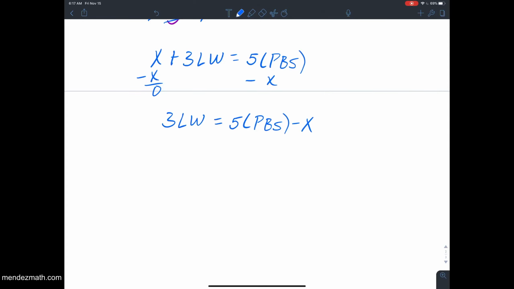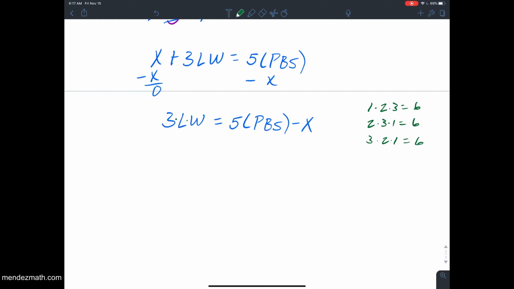Okay? So this is the tricky part. If we want L by itself, what operation is this right here? It's all multiplication, right? So in multiplication, order doesn't matter. Here's an example. 1 times 2 times 3 is 6. 2 times 3 times 1 is 6. 3 times 2 times 1 is 6.